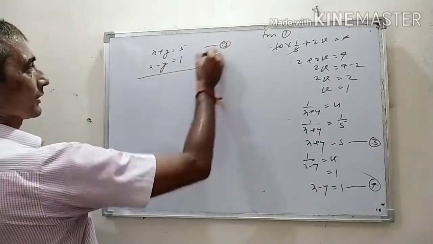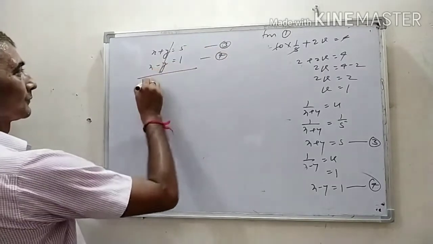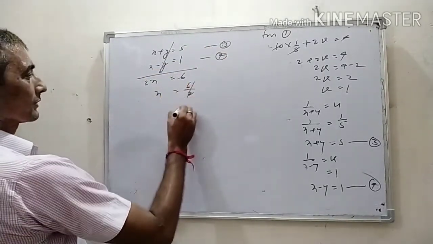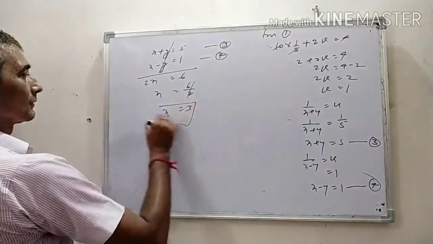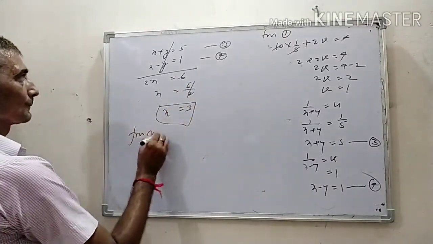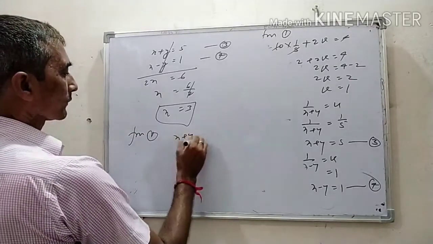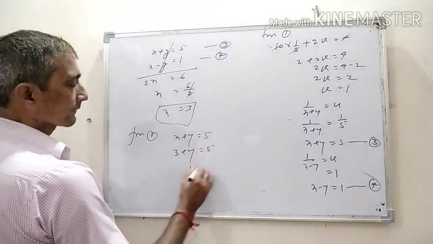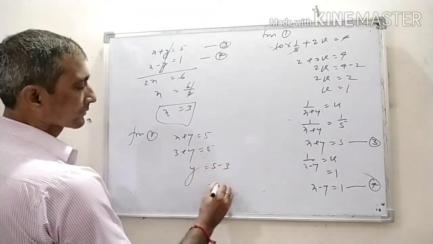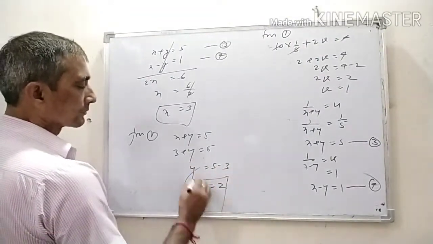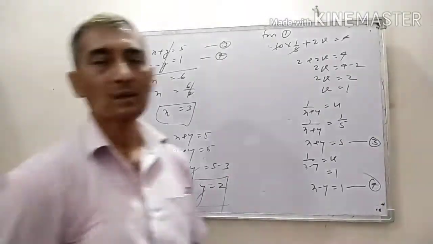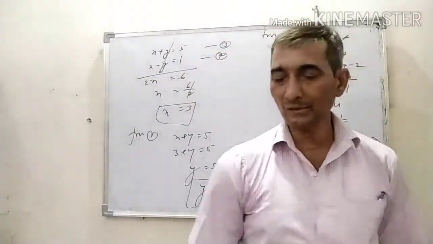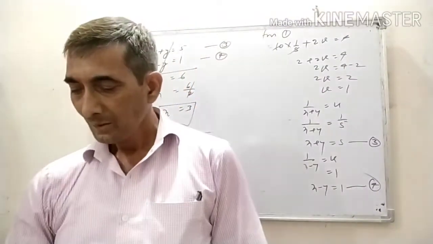Again 3 and 4, adding them, 2x equal to 6. Now x equal to 6 by 2, that is 3. From 3, x plus y equal to 5. Now 3 plus y equal to 5 and y equal to 5 minus 3, that is 2. In this way you can find the values of x and y.